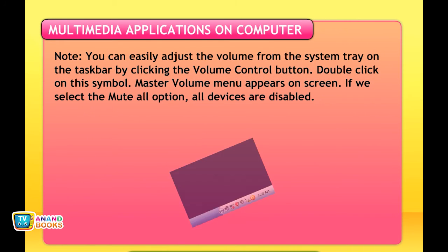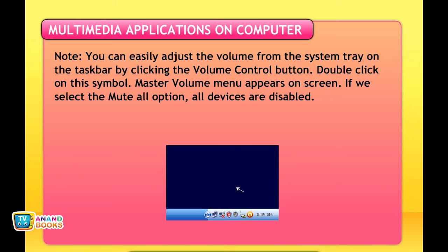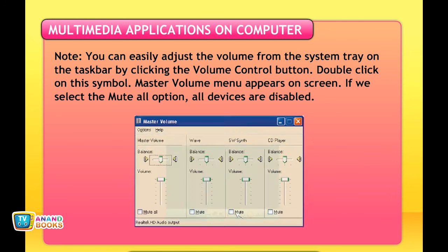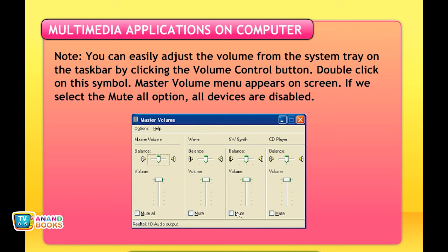Note: you can easily adjust the volume from the system tray on the taskbar by clicking the volume control button. Double-click on this symbol. Master volume menu appears on the screen. If we select the Mute All option, all devices are disabled.